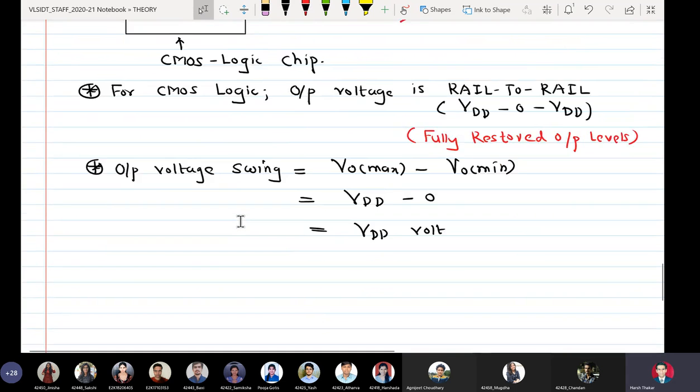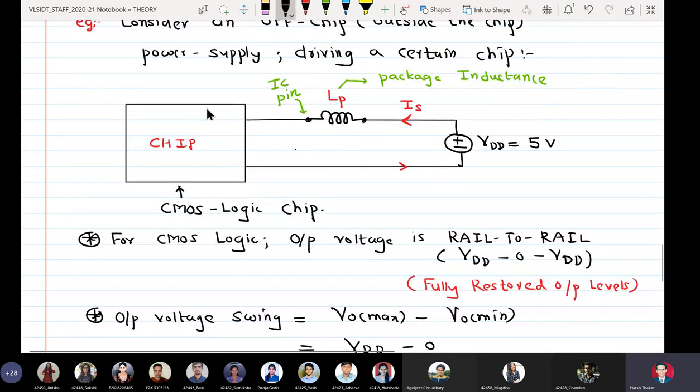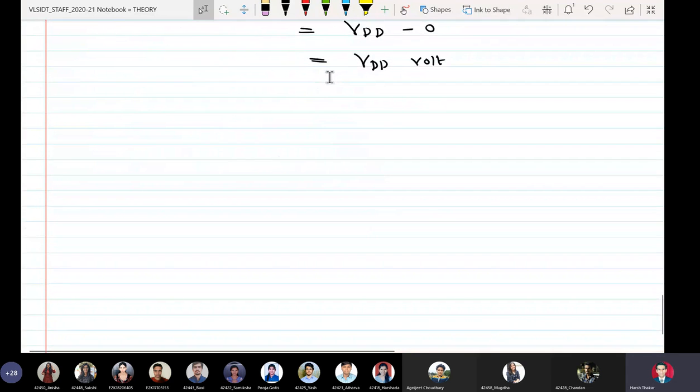Okay, and if you want to find out what is the VL which is created across the package inductance LP, then we have VL equal to LP into dis by dt.